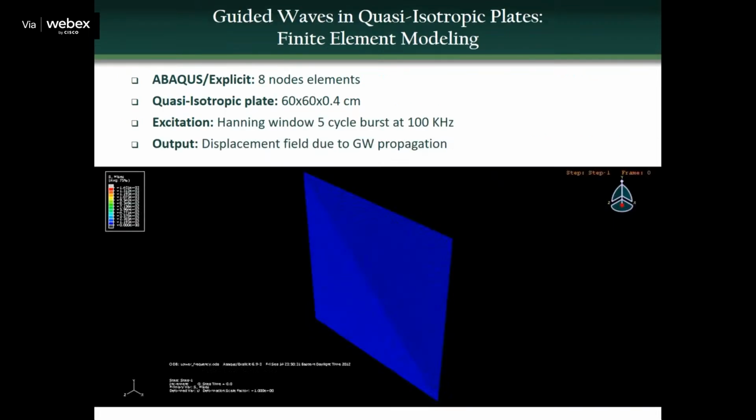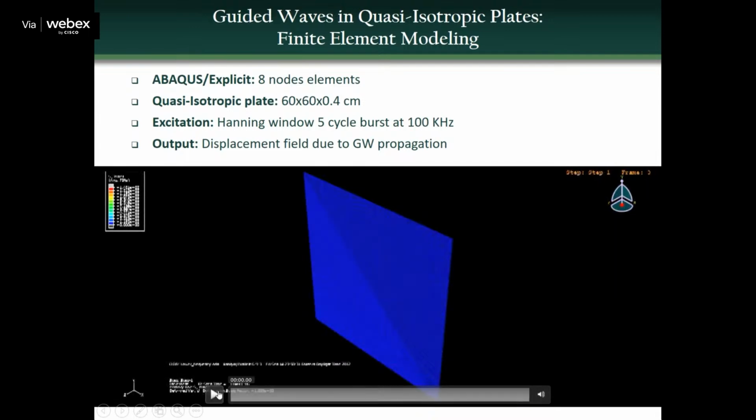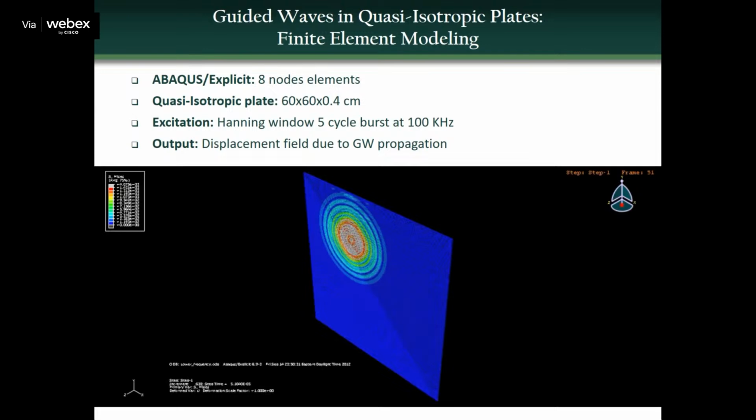The simulation of guided waves in quasi-isotropic plates can be done using FEM in Abaqus. So let me show you, this is a video. Let's play this from the beginning. So the excitation is a Hanning windowed 5-cycle burst.